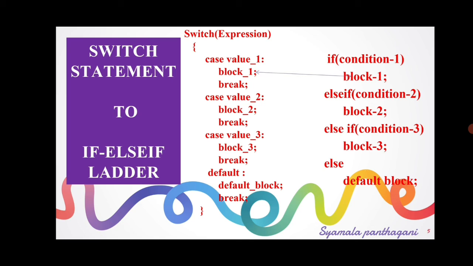This is the interconversion of block 1 in the first true block, block 2 in the second true block, block 3 in the third true block, and the default block in the last false block. This is the interconversion of switch statement to if else ladder.